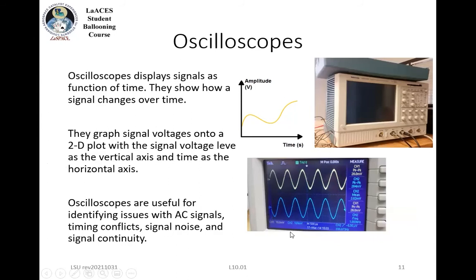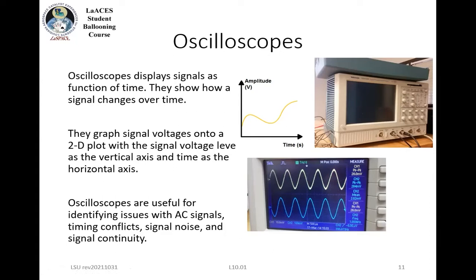On the screen, you'll get a little 2D plot with a y-axis that is usually voltage and an x-axis that is time. What's really nice about this is you get these nice time plots of the signal in real time.